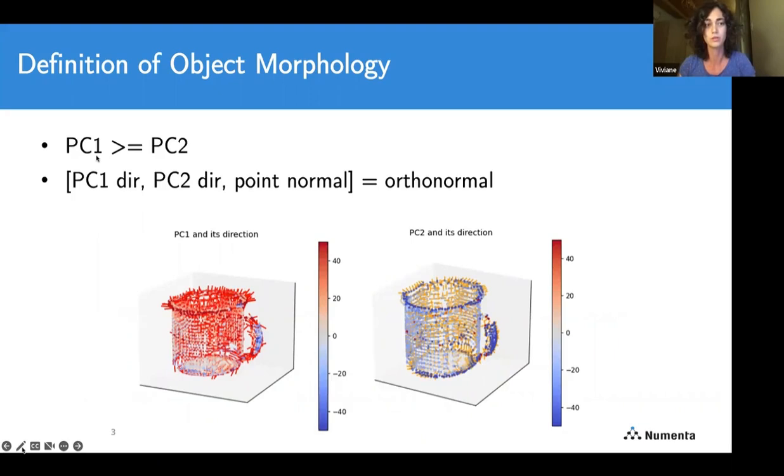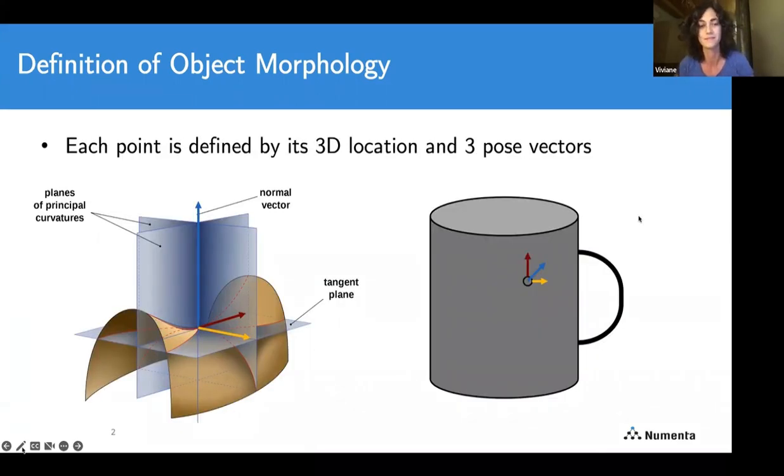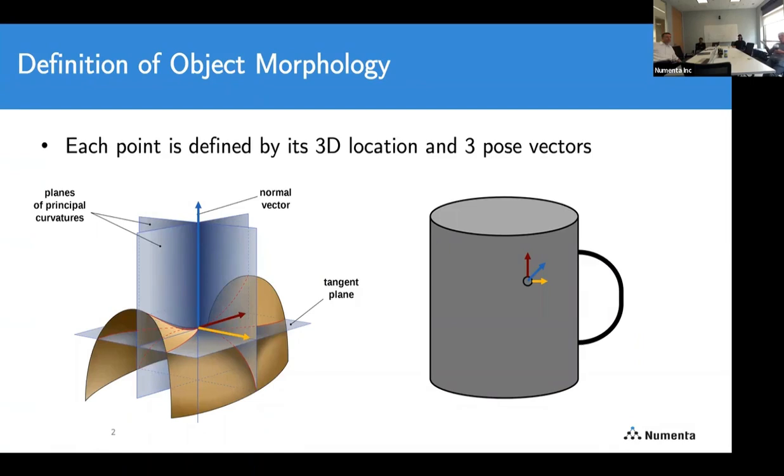Principal curvature 1 always. Can I ask a question about that? I'm confused already. Sorry. Let's go back to the previous slide. So the point normal vector is always normal, right? So how does it add anything? Is that relative to the plane, or relative to a global coordinate system?